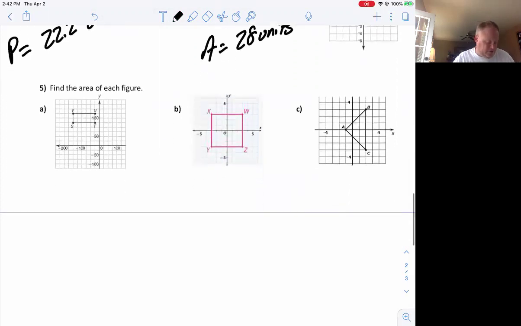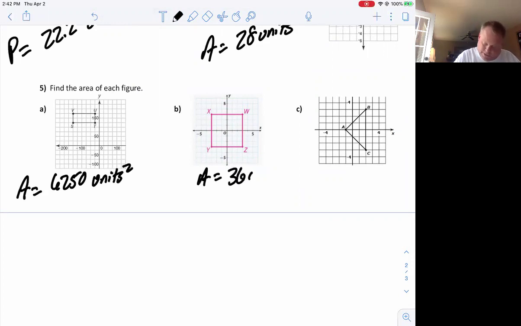And then your last three, area is going to end up being 6,250 units squared. Area equals 36 units squared, and area equals 9 units squared.